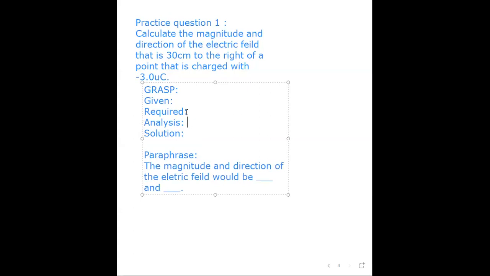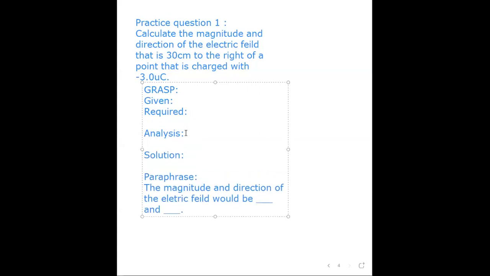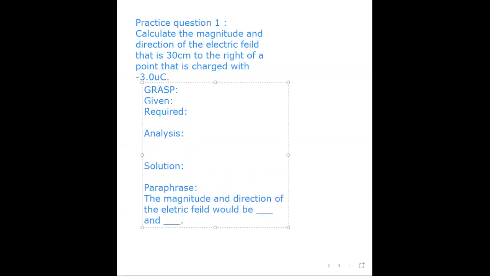The solution part, you guys are going to work through it. I'll give you the analysis. The formula you are required to use, as we covered, is E equals kQ over r squared. The constant k, I will provide as well. That's the formula you're going to be using.